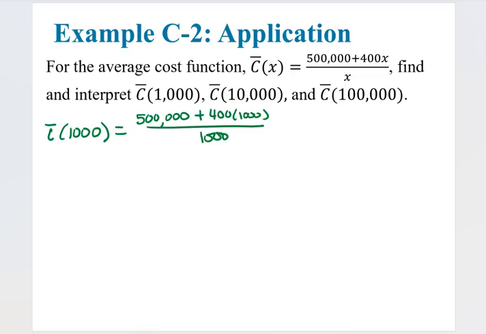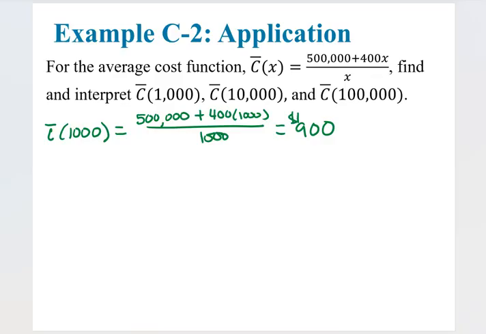We plug all that in our calculator, and we end up getting 900. So if we only make 1,000 wheelchairs, we are going to have to charge people $900 per wheelchair in order to break even every month.